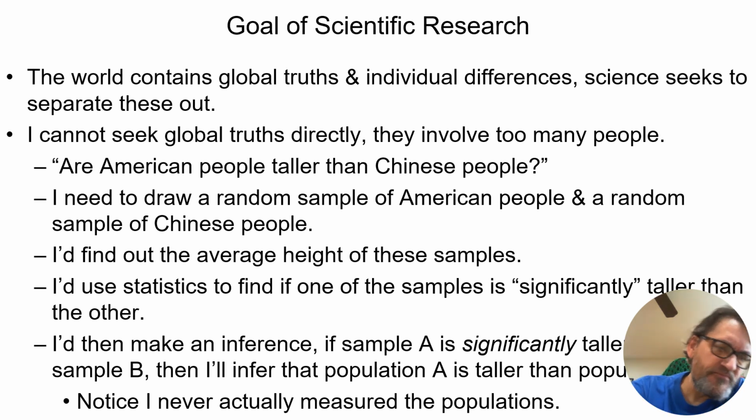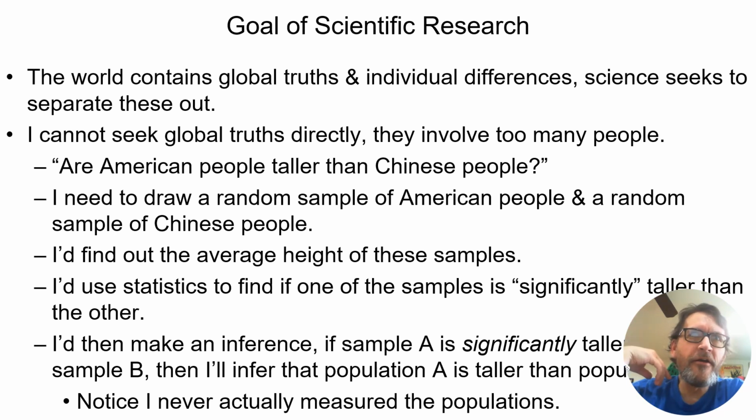So, just as a rule about how science works, scientists want to find global truths. They don't want to find individual truths, they want to find global truths. And you can't get global truths.